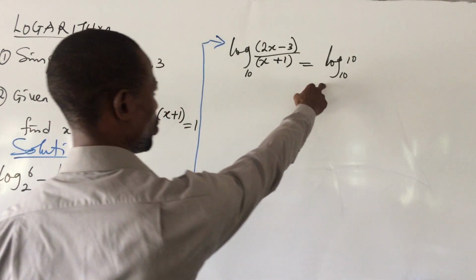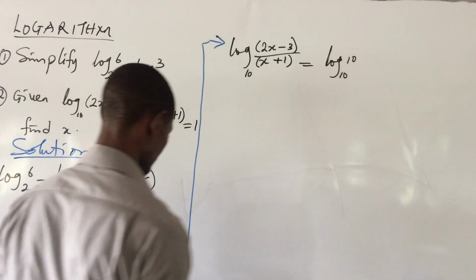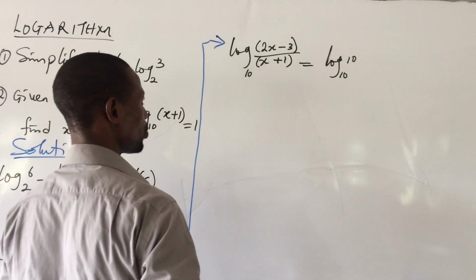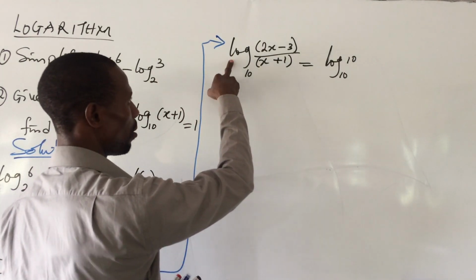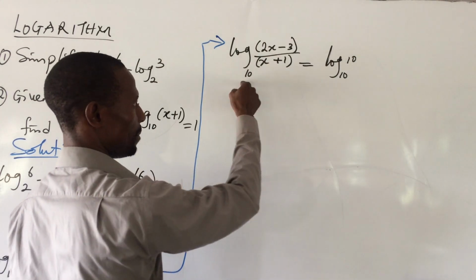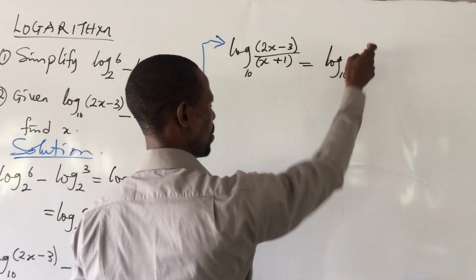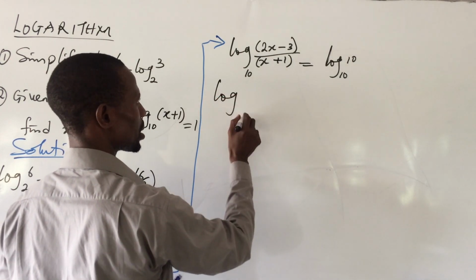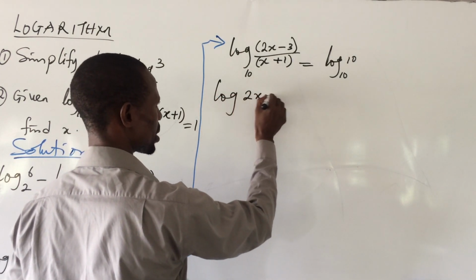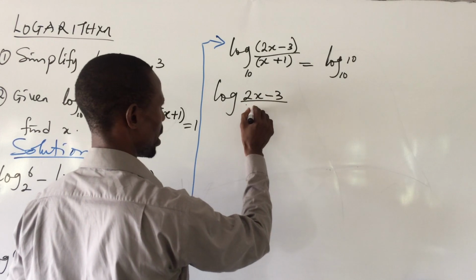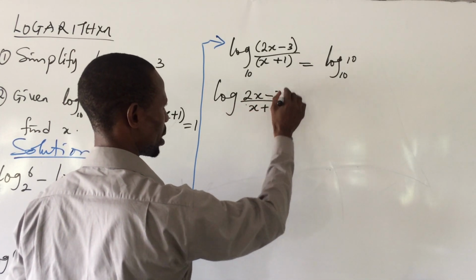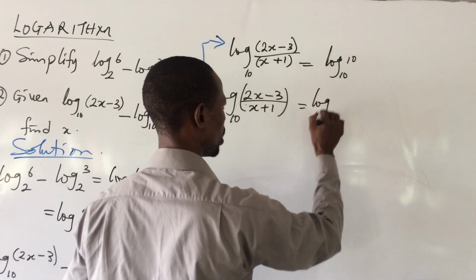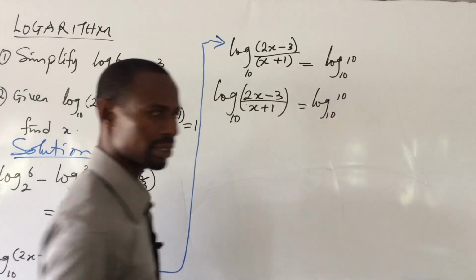So this will equally be written as log of (2x minus 3) over (x plus 1) base 10 equal to log 10 base 10.